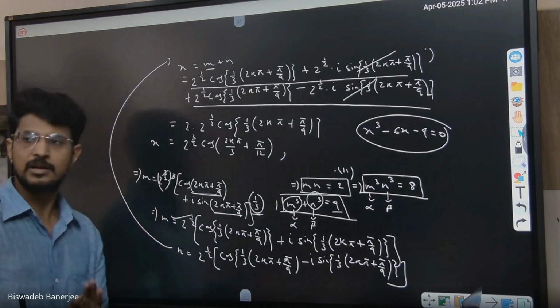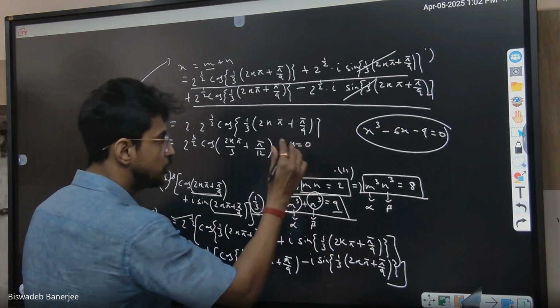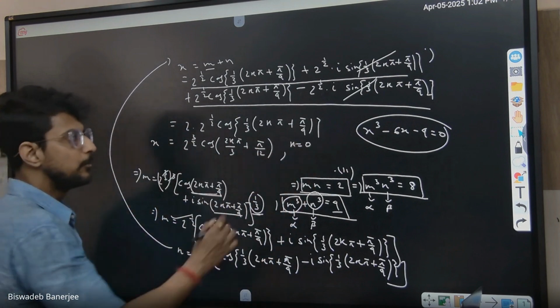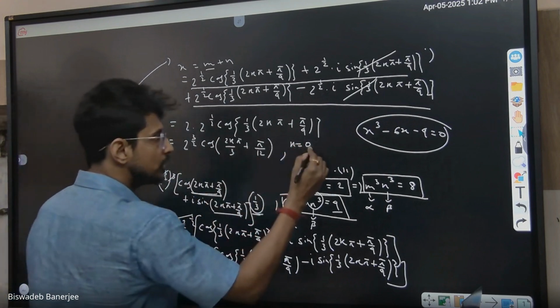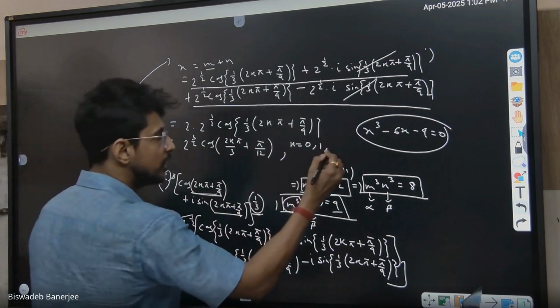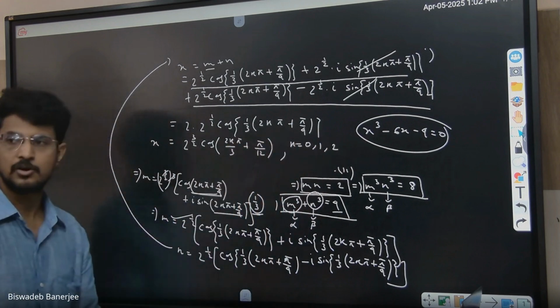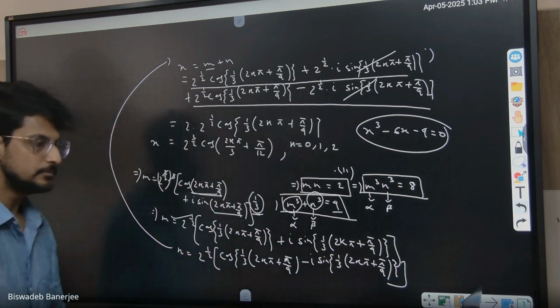My k is an integer. If we put k equal to 0, we shall get the first root. If we put k equal to 1, we shall get the second root. If we put k equal to 2, we shall get the third root. So the range of k will be 0, 1, 2.